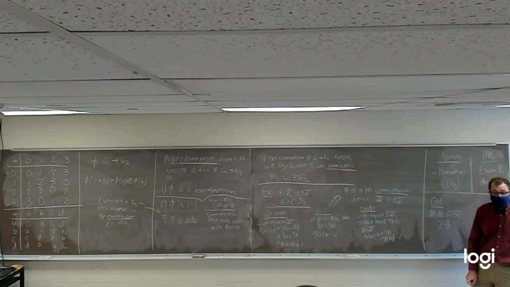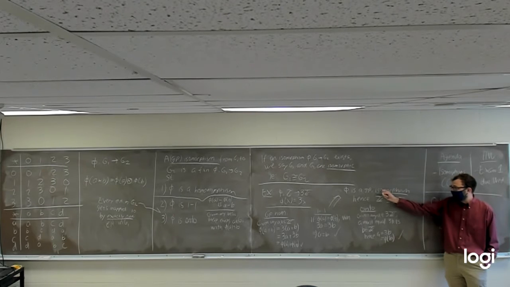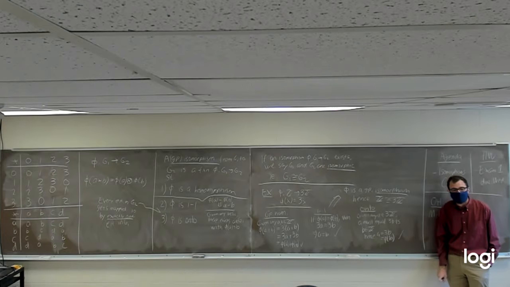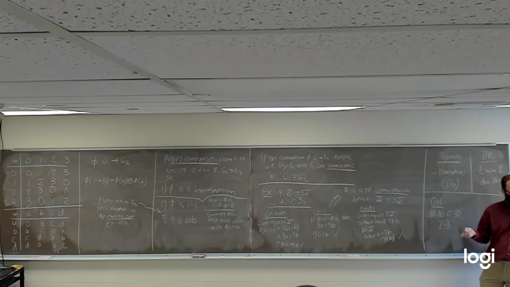So, if any of you have studied classics and learned a little bit of Greek or Latin, anybody know what iso and morph mean? Well, morph sort of means change, or it refers to the change in structure of something. I think iso means the same.